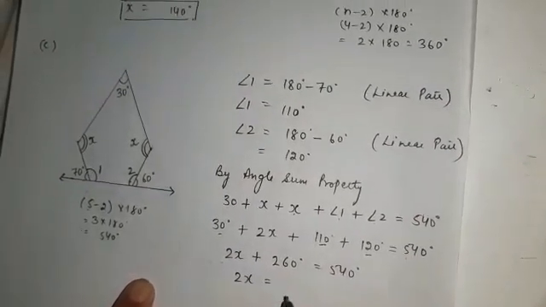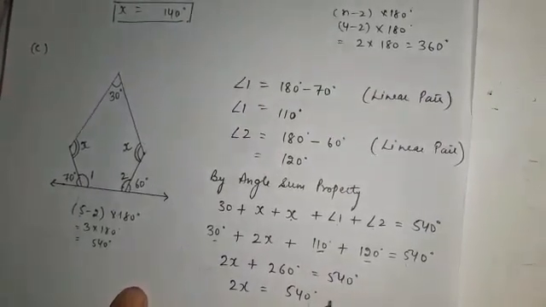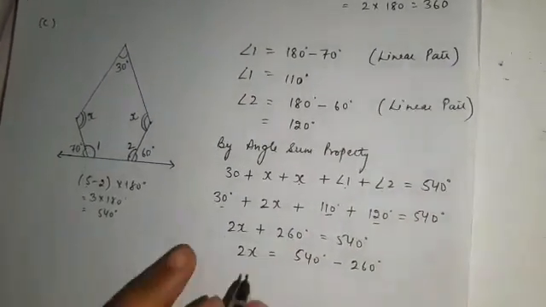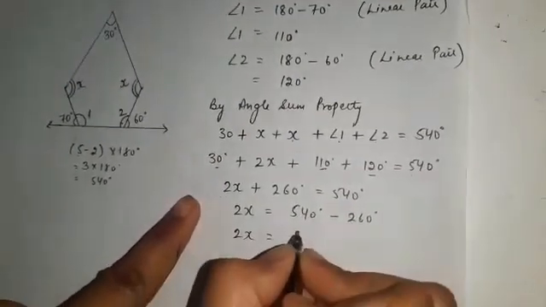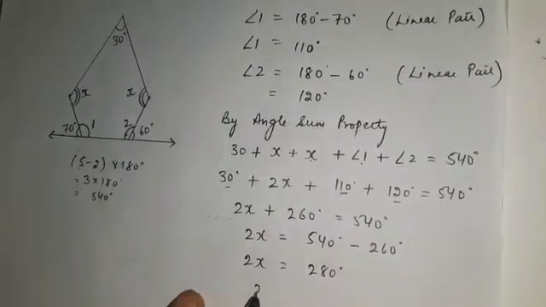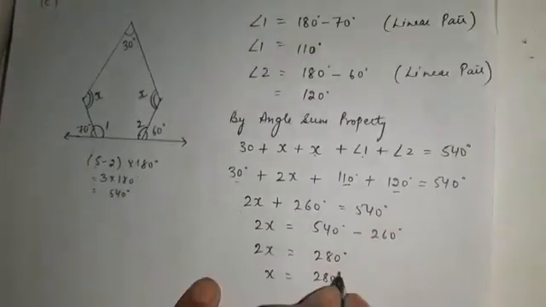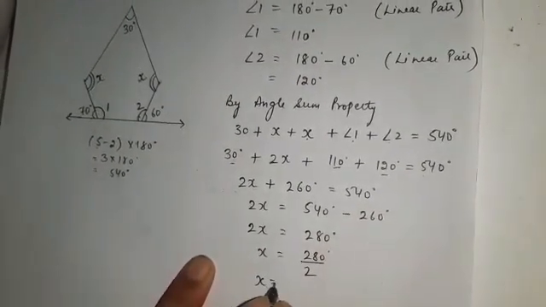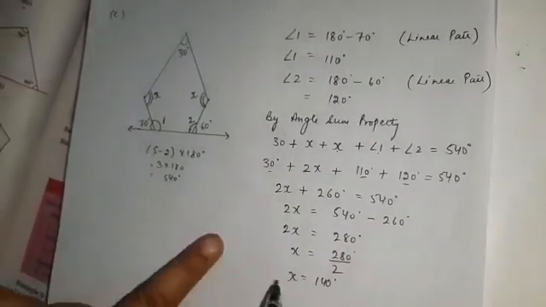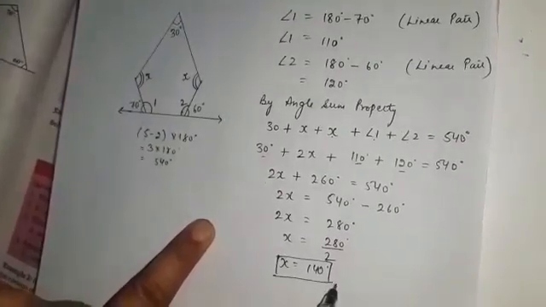Now 2x is equals to 540 degree minus 260 degrees. After subtracting these two, it will become 280 degrees. Now x is equals to 280 degree upon 2, so x is equals to 140 degrees. So the value of x here is 140 degrees.